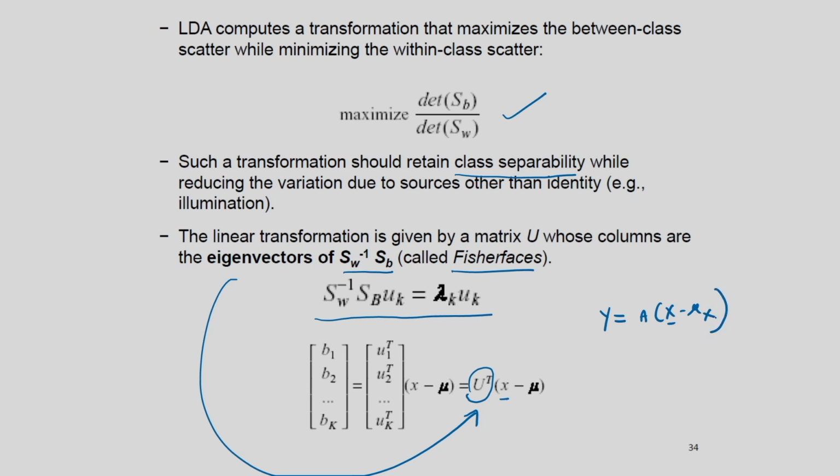Similarly, in this case U is the transformation matrix, and I consider x minus mu like this. This transformation matrix U I can obtain from the eigenvectors of SW to the power minus 1, that is the inverse of the within class scatter matrix, into SB. That means any face can be represented by a linear combination of the Fisher faces.